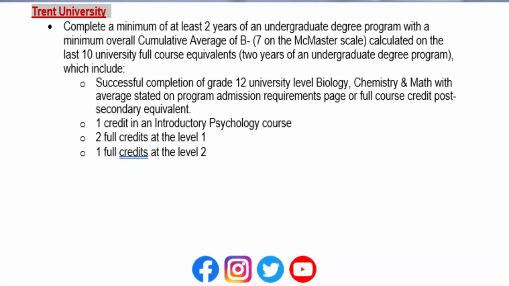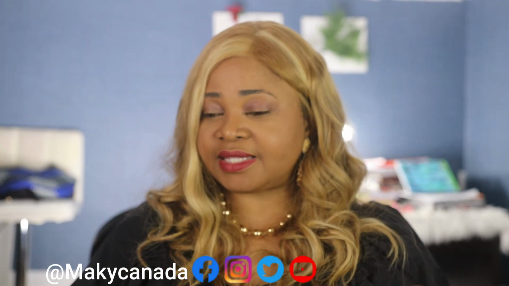In Trent University, one of the requirements is you must complete a minimum of 2 years of an undergraduate degree with a minimum overall cumulative average of B-, that is 7 on the McMaster scale, calculated on the last 10 university full course equivalents, which includes successful completion of 12 university level biology, chemistry, and maths with the average stated on the program admission requirement page, or full course credit post-secondary equivalent, 1 credit in introductory psychology, 2 full credits at level 1, and 1 full credit at level 2.